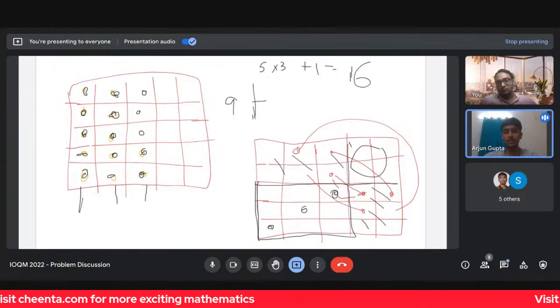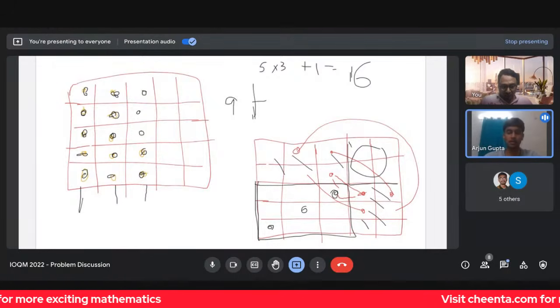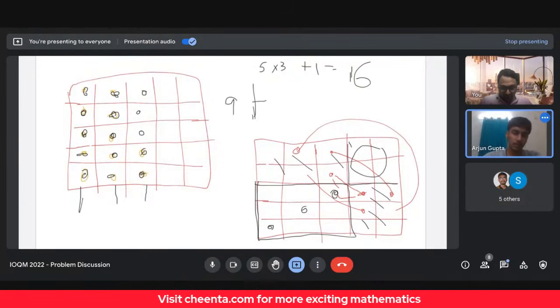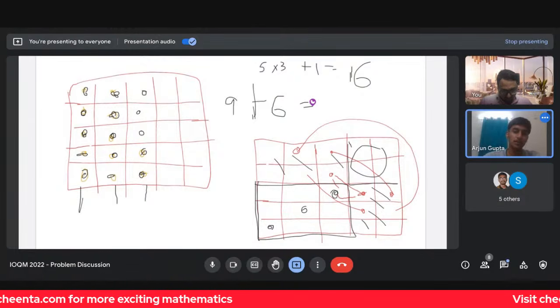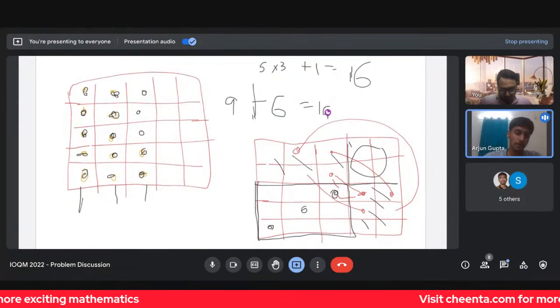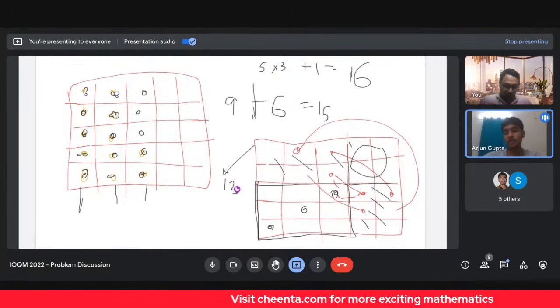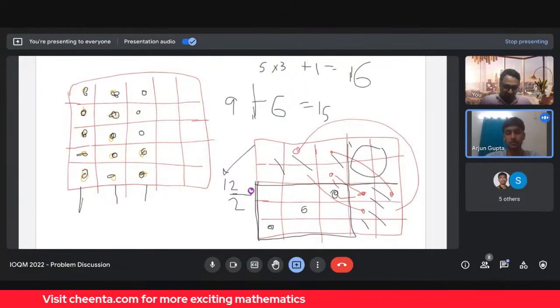Both cannot have rooks, otherwise we get four rooks which do not attack each other. So this shows that the number of rooks is at most 9 plus x equal to 15. Here x is equal to 12 by 2, which is 6, to be more precise. But this is a contradiction, as we assumed that there are at least 16 rooks.